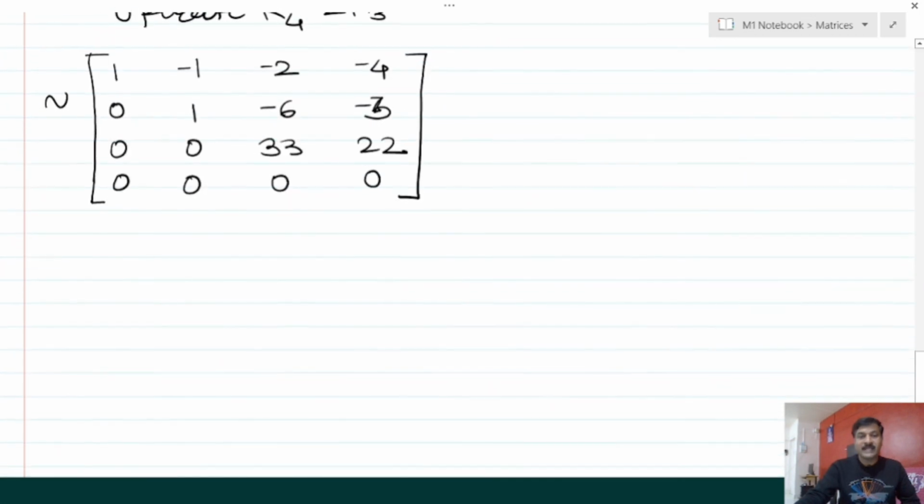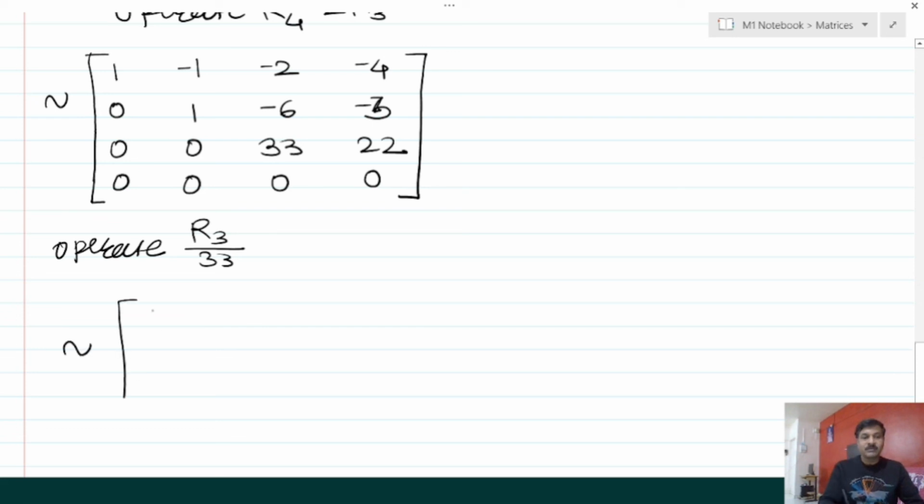But before that, I will use just here this third row divide by 33. So I can obtain here 1. So operate R3 by 33.